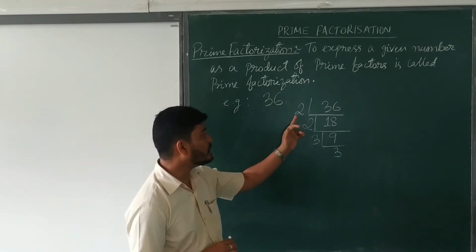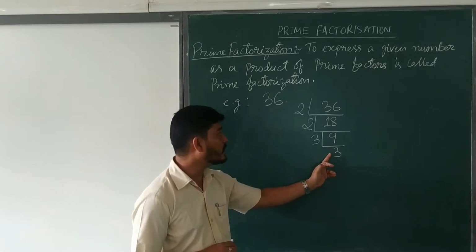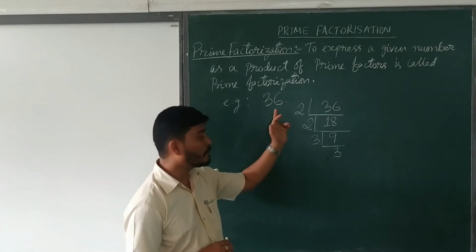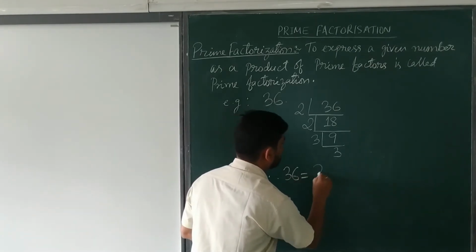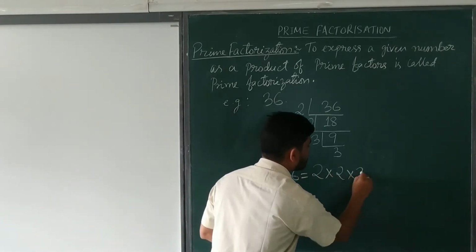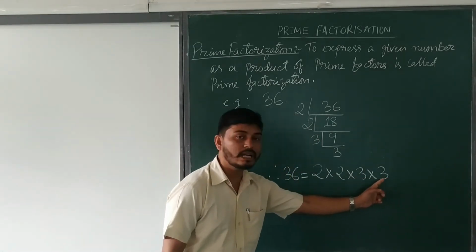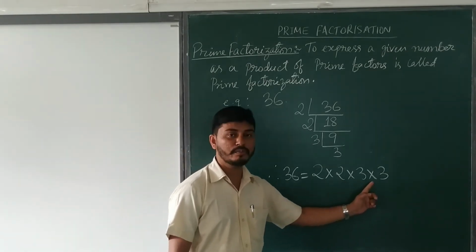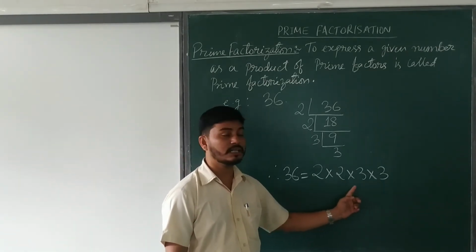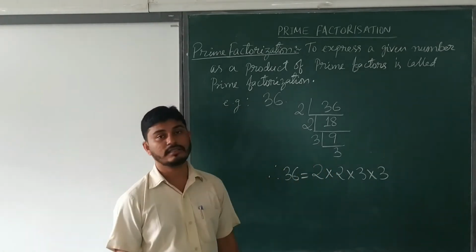So as you can see, these are the factors that we have obtained after factorizing the number 36. As you can see, the factors that we have obtained after factorizing 36 are all prime numbers. So they are called the prime factors of 36.